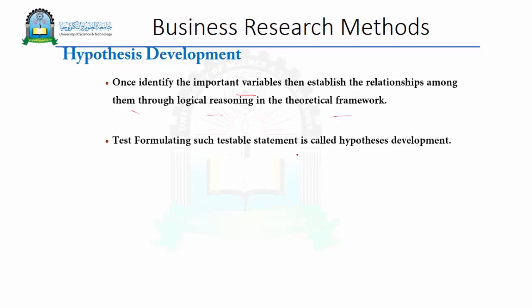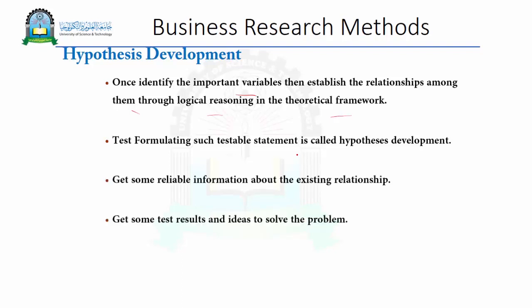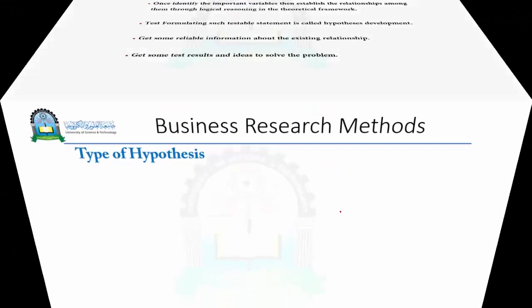So we develop the hypothesis dependent on the theoretical framework, and then we get reliable information about the existing relationship. We get the information from previous studies, of course, on the literature review, give some test results, an idea or ideas to solve the problem.